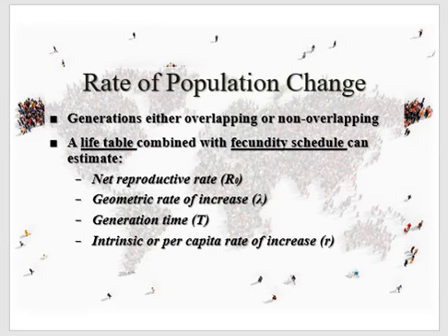If we combine the information in a fecundity schedule, try to say that 10 times fast, with that in a life table, we can estimate several important characteristics of a population. These characteristics being net reproductive rate, or R0, geometric rate of increase, represented by lambda, generation time, and intrinsic rate of increase, also known as the per capita rate of increase.